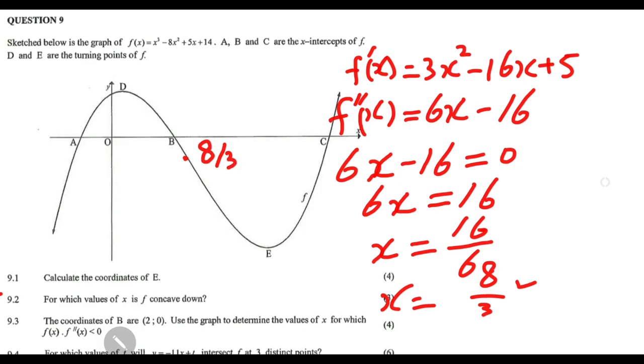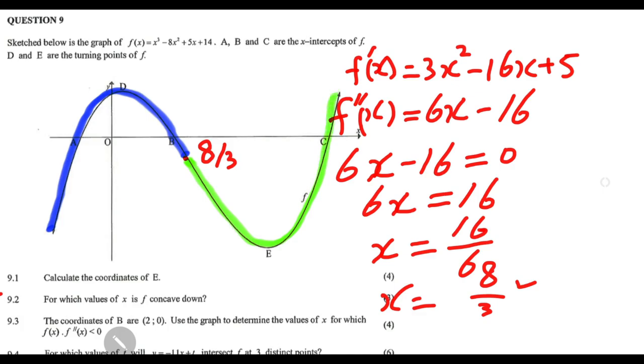Now we can see where the graph is concave up or concave down. We want to know where the graph is concave down. You can see the graph is concave down up to the point of inflection, and from there the graph is concave up.